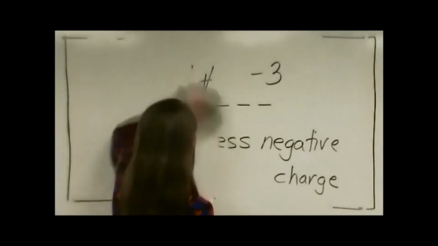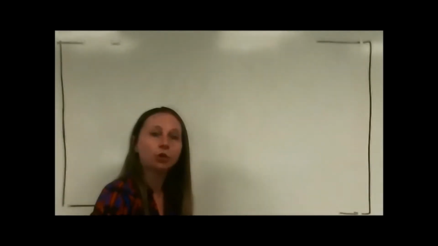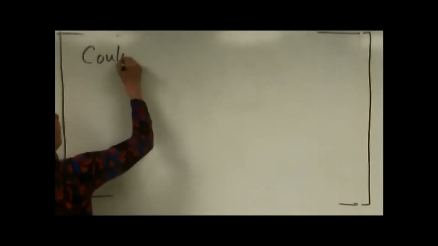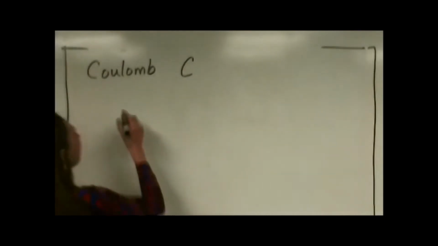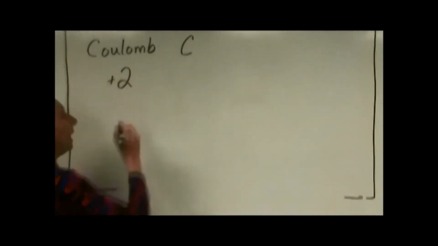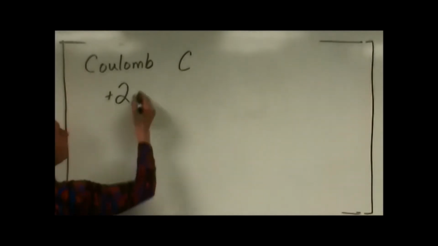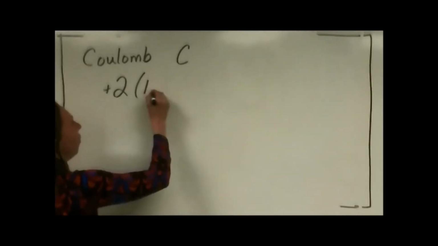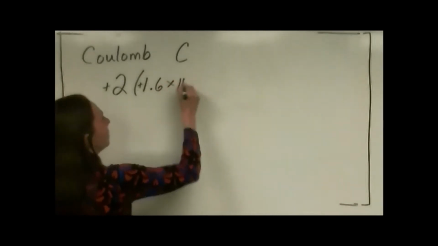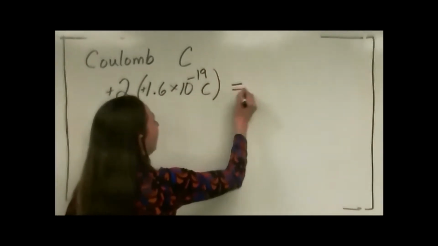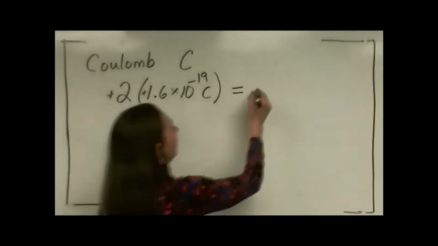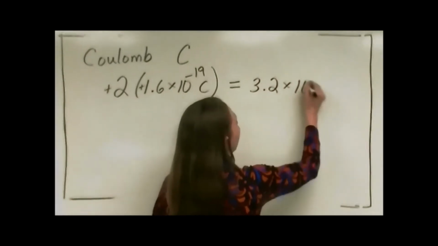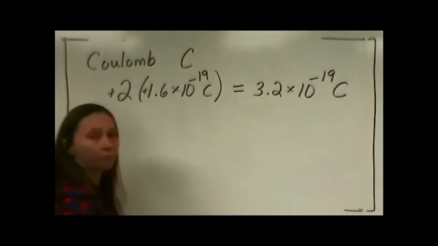Now, what about the unit of charge that I mentioned earlier? The coulomb. How does that come into the discussion? Capital C. Well, if you have 2 extra protons, and each of those protons has a charge of +1.6 times 10 to the -19 coulombs, then the total excess charge you have in coulombs is 3.2 times 10 to the -19 coulombs.